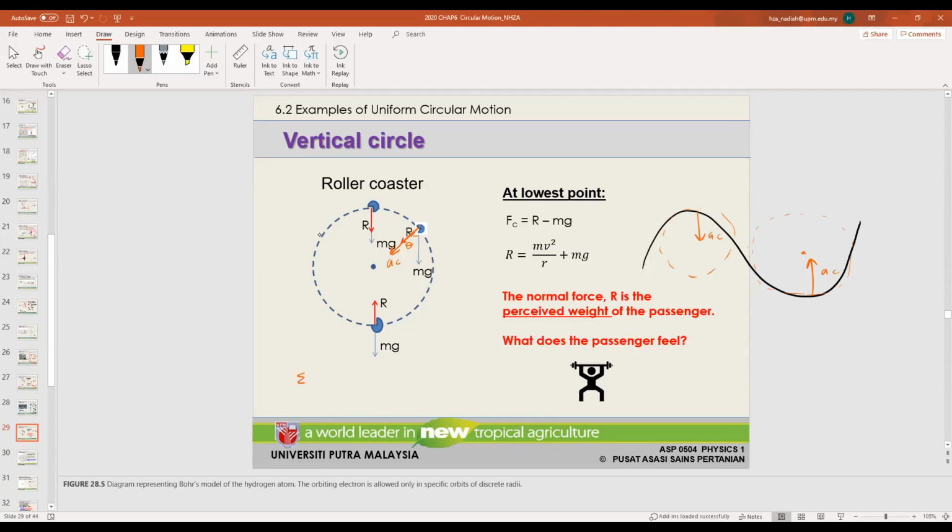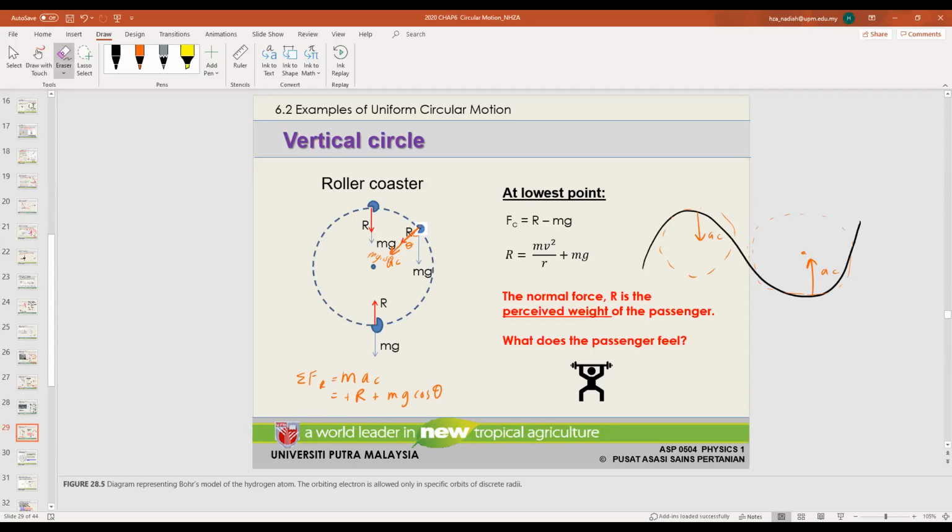Senang je, belagak gila. FR equals to MAC macam biasa. And then what is acting in the AC direction? It is positive R plus MG cosine theta. Remember, whatever touches the theta gets the cosine. So this guy, when I resolve it, becomes mg cosine theta.